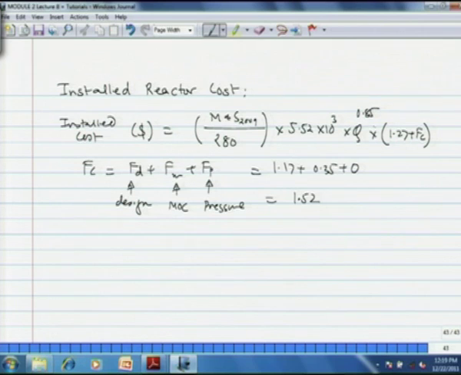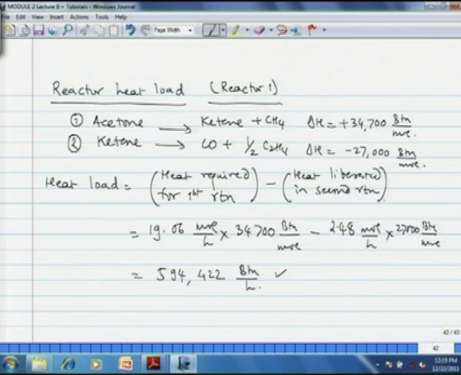And now we substitute for Q that we just determined. Now, this Q is in BTU per hour, so in MMBTU it is 0.594 MMBTU, because the heat load in the cost correlation is in million metric BTU.